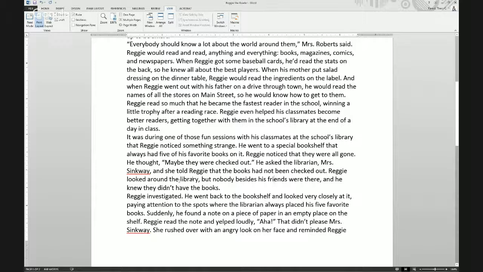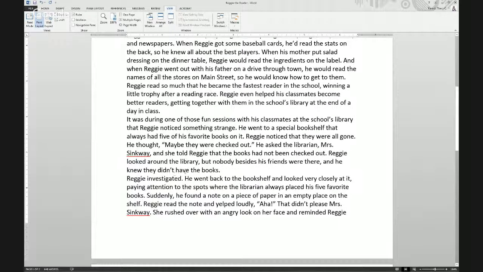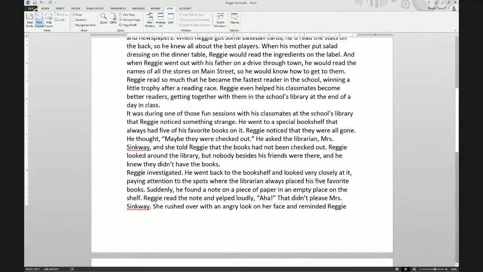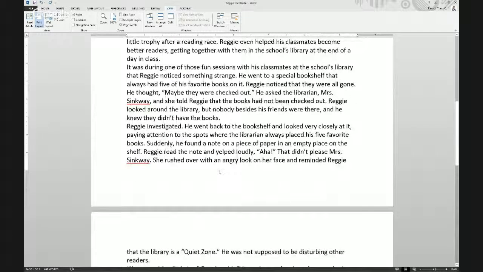Reggie looked around the library, but nobody besides his friends were there, and he knew they didn't have the books. Reggie investigated. He went back to the bookshelf and looked very closely at it, paying attention to the spots where the librarian always placed his 5 favorite books.